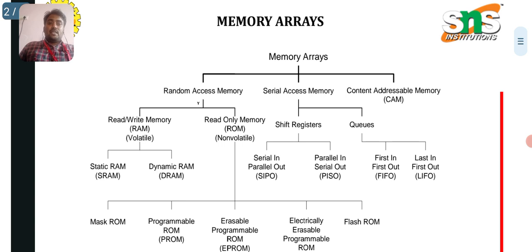Under the RAM, there are static RAM and dynamic RAM. The ROM is further classified into mask ROM, programmable ROM, erasable ROM, electrically erasable programmable ROM, and flash ROM. Shift registers are serial in serial out and parallel in parallel out, and queues are further classified into first in first out and last in first out.